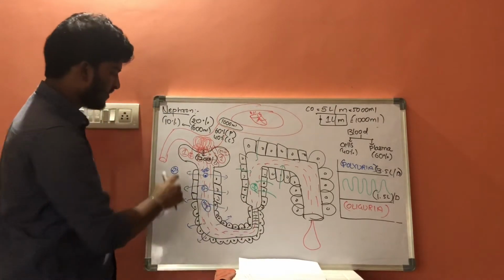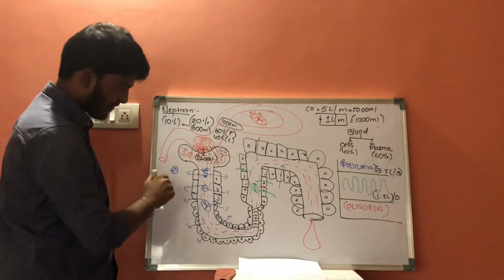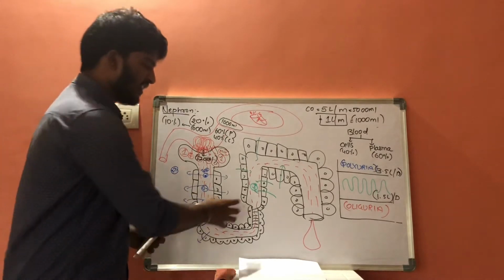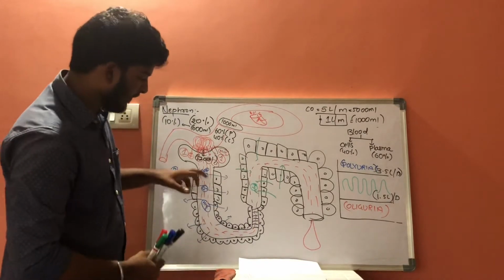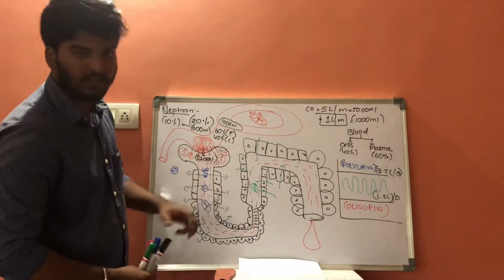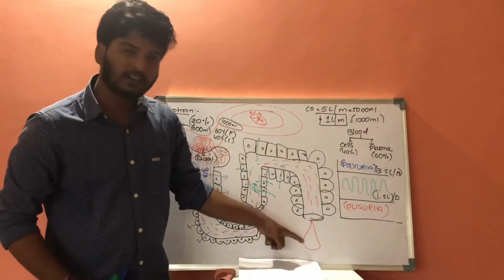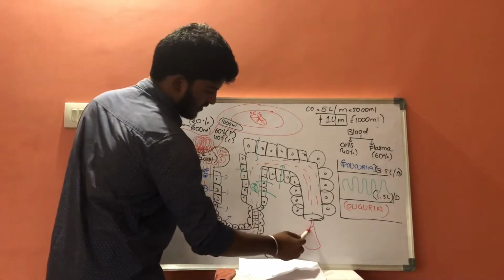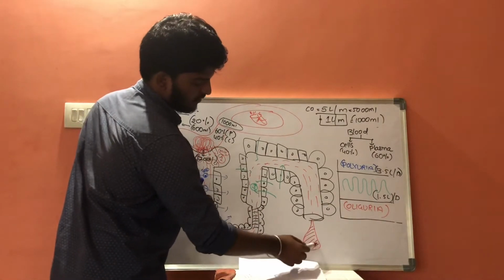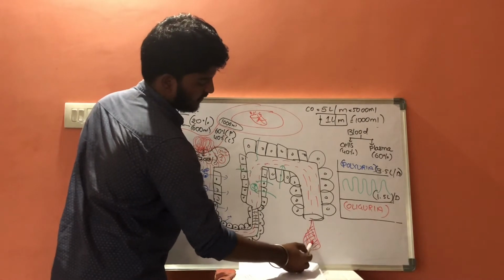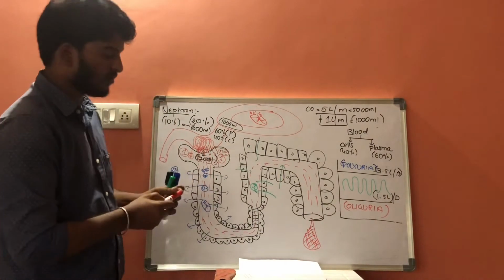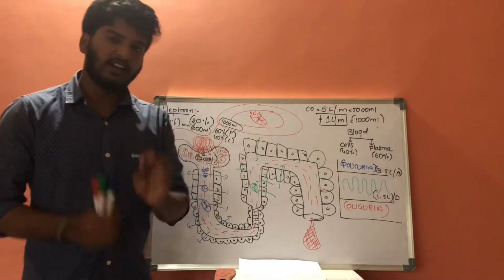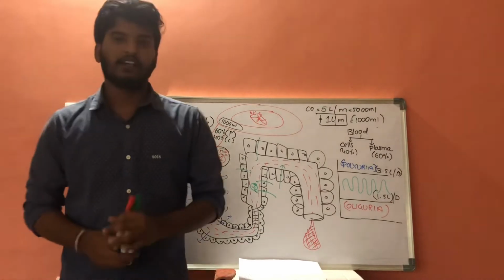The first step is glomerular filtration, the second step is tubular reabsorption, the third one is tubular secretion. So the unwanted materials will be secreted into the nephron so that they get excreted along with the urine. This is a drop of urine which is formed. This is the normal physiology of the nephron involved in urine formation.